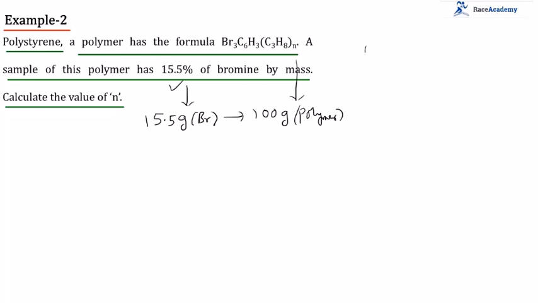3 moles of bromine is there means if the mass of the polymer is its molecular mass, then it contains 3 moles of bromine. 1 bromine atomic mass is 80 grams per mole. So 3 bromines means 3 into 80 grams of bromine is there in 1 mole of this polymer.